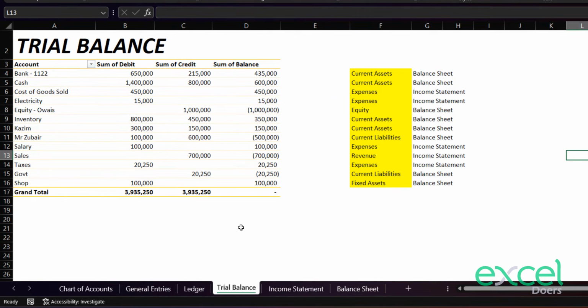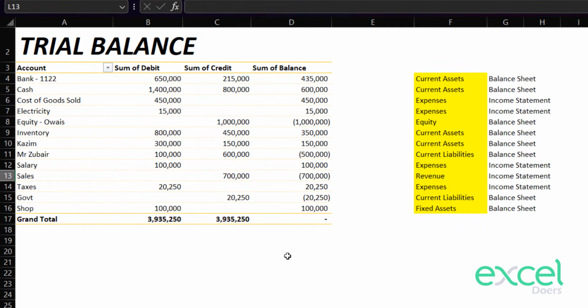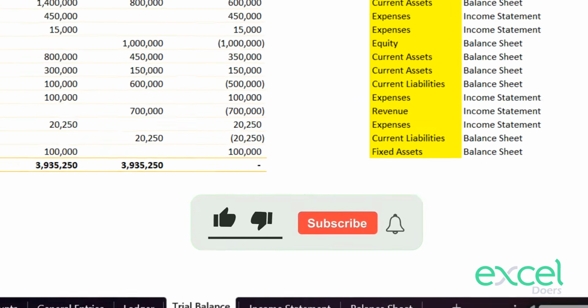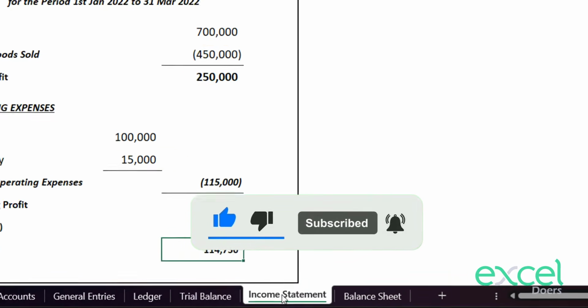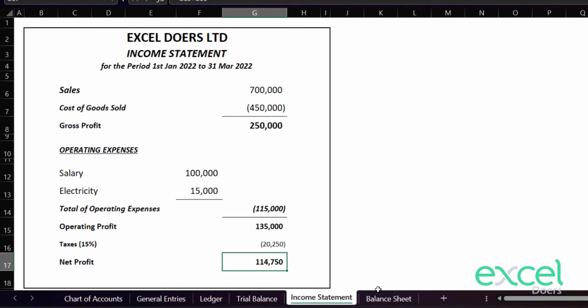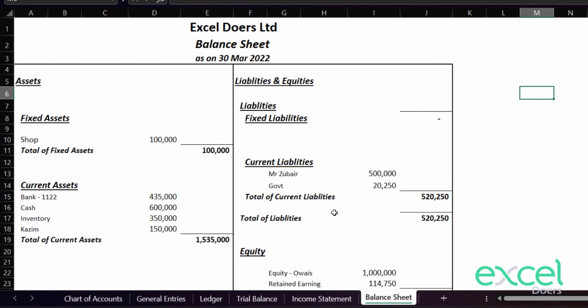In order to create a cash flow statement, please remember a few things. The cash flow statement is the third financial statement in the sequence. The first financial statement is the income statement. The second is the balance sheet. And the third is your cash flow statement.